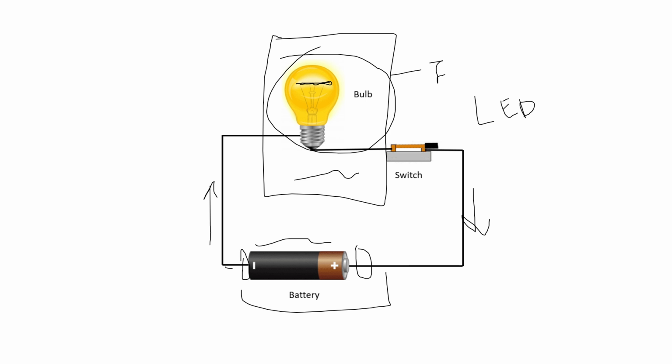Like if in this circuit we have a potential difference, think of it like a pressure at which this battery is going to affect these electrons as they move.